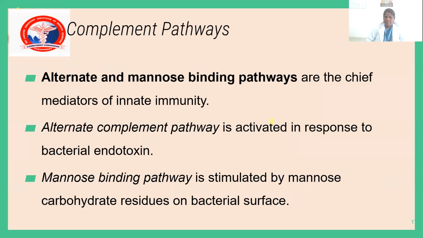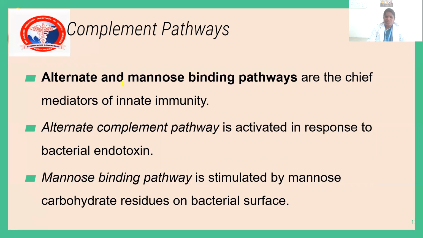Coming to the complement pathway, I already mentioned that in innate immunity, the alternate or lectin pathway helps in removing the microbes, whereas in adaptive immunity, the classical pathway plays a major role in eliminating the microbes.